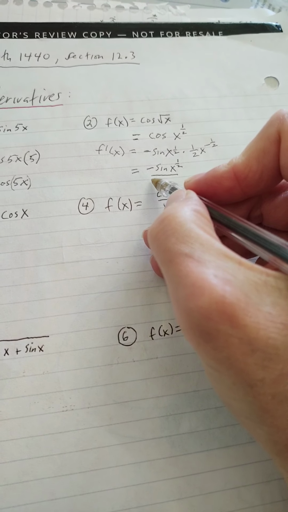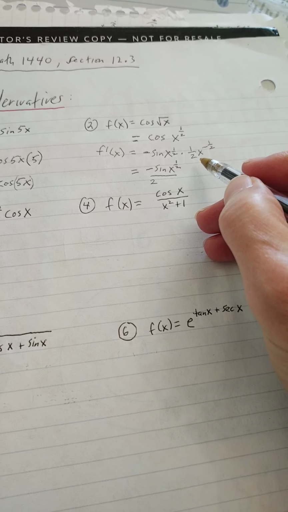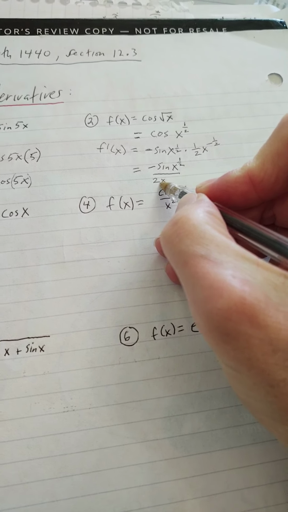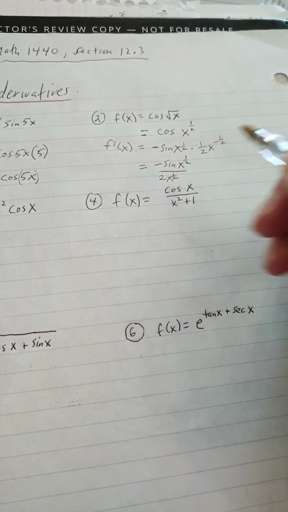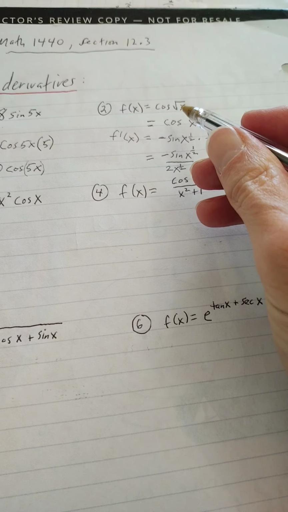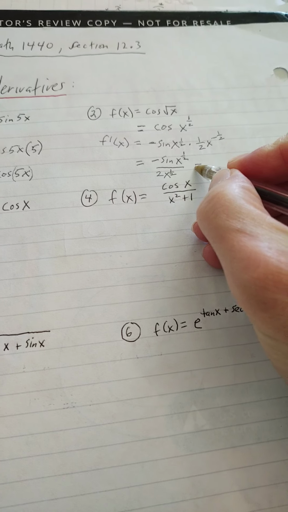So in the denominator, I'm going to write the 2, and then x to the negative 1/2 is going to go into the denominator as x to the 1/2. Or I could write square root of x, it doesn't matter. Since my original problem used square roots, I'm just going to go back to that form.